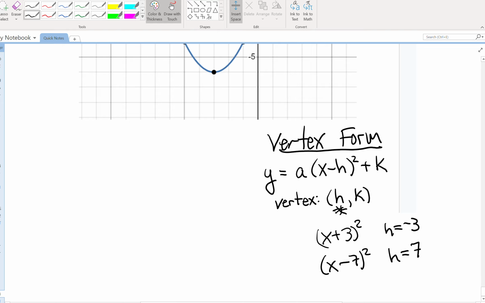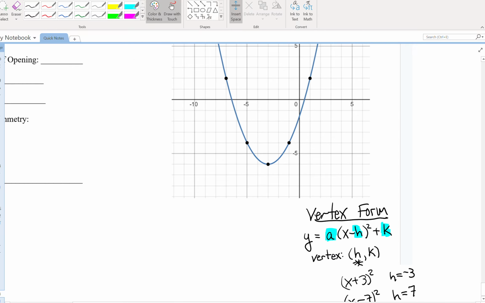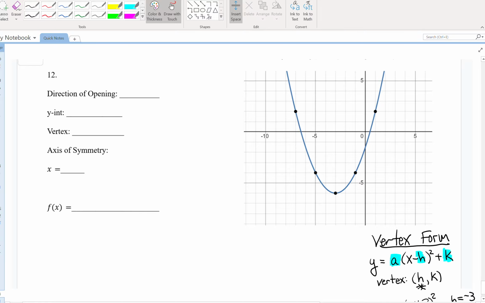Okay, so really, there's only three things that we need. We need to know a, h, and k. A also tells us whether this opens up or opens down. If a is positive, it opens up. If a is negative, it opens down. I can see, just because of the way this opens, that this is opening up.